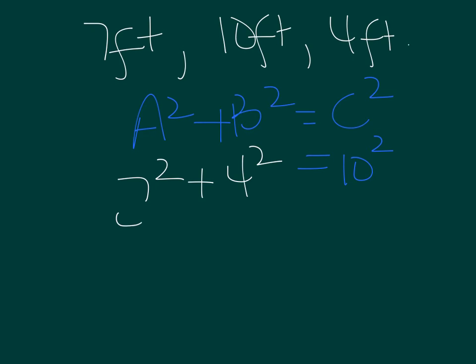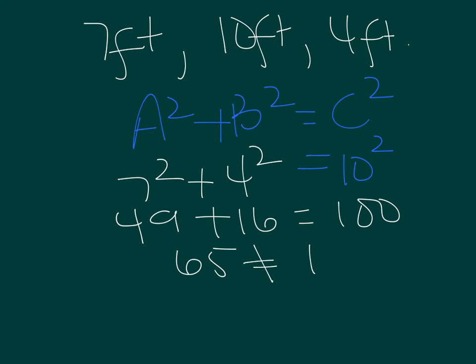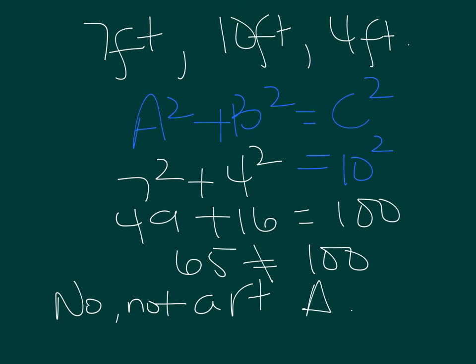So I work the problem out and I get 49 plus 16, which is 65, and it should equal 100. Because 65 doesn't equal 100, this is no, it's not a right triangle. If the 2 numbers would come out equal, then I would be able to say, yes, this is a right triangle.